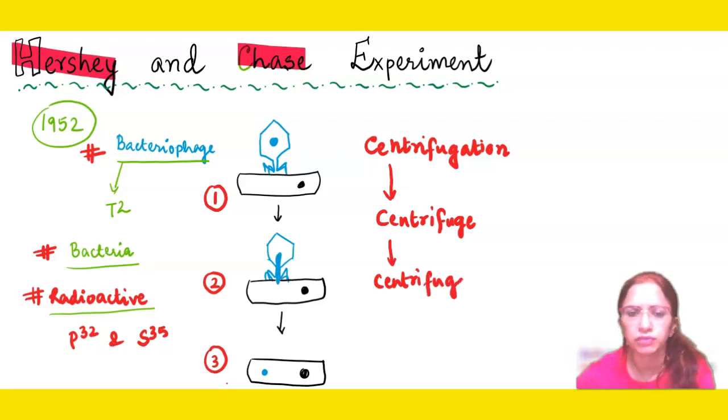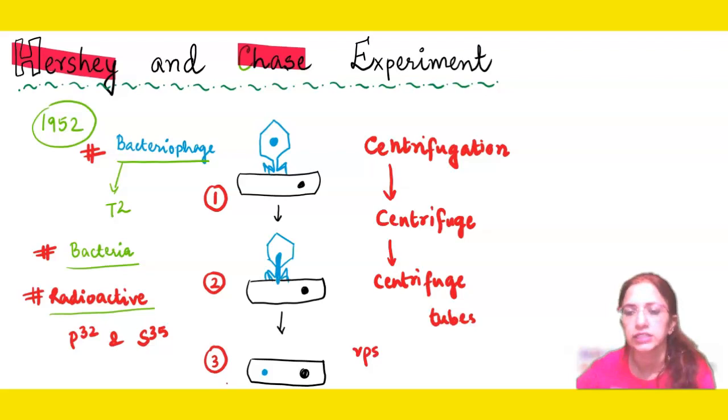Okay, so whenever we want to separate any material based upon its density, we pour that material into the centrifuge tubes. They are arranged in the centrifuge, and then the power is turned on and we set the revolutions per second. Okay, so RPS means revolutions per second.